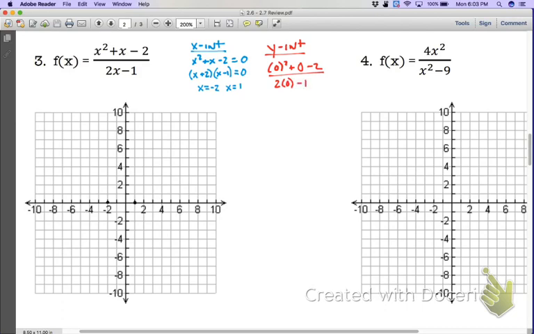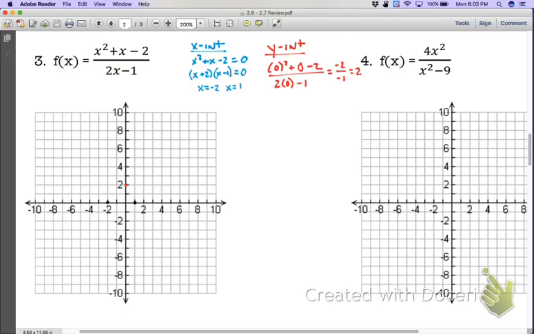Whenever we do that, we get negative 2 over negative 1. So my y-intercept is going to be at a positive 2. Again, go ahead and put that point on there. That's just less that you have to worry about later.